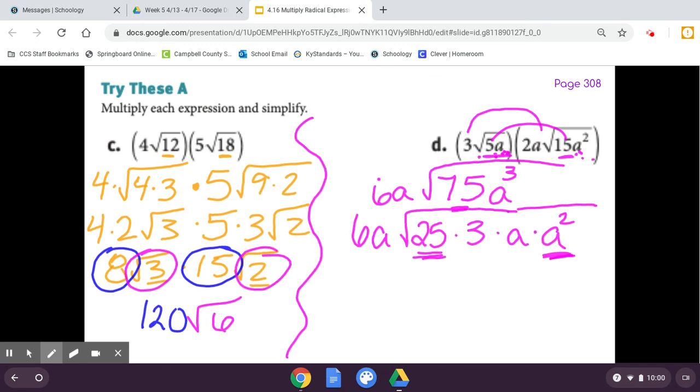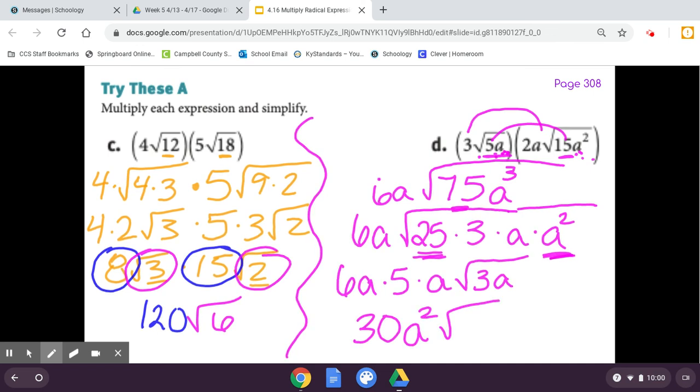So that'll leave us with 6a times 5 times a square root of 3a. So those two are not perfect squares, so they just stay there. And then we can multiply everything. So we have 30. And then a times a is not 2a. That's a plus a. A times a is a squared, square root of 3a. And that is our final answer.